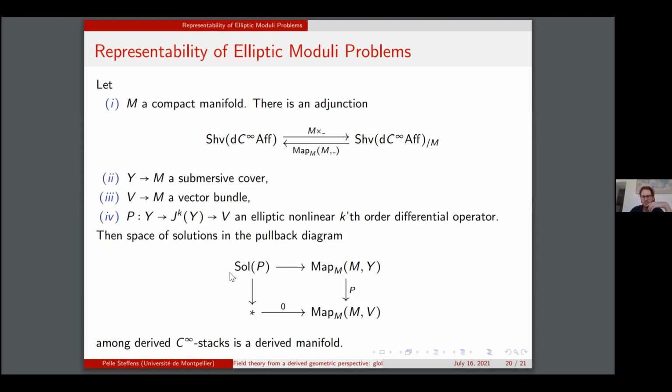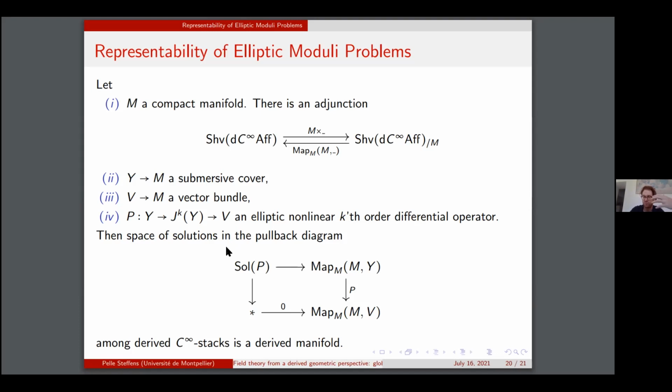And that move already handicaps you a little bit, because as you see from this perspective, it is already clear what the structure of this object is. It's a derived stack. Then, to make sure that this is a reasonable geometric space, we ask, does it have a certain property?